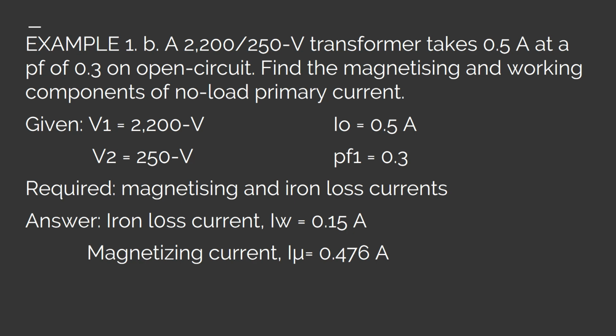Now we are given the primary voltage, which is 2200 volts, and a secondary voltage, which is 250 volts. Again, this is an example of a step-down transformer. And our no-load primary current is equal to 0.5 ampere and a power factor of 0.3. We are required to solve for the magnetizing and iron loss currents.